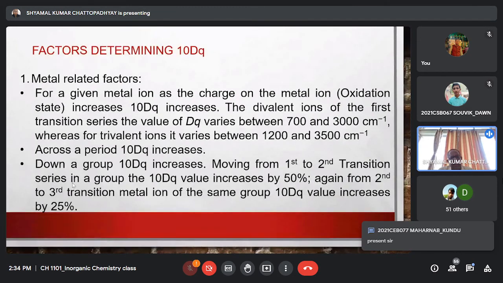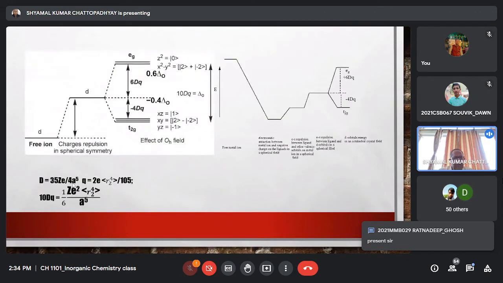And then down the group, the crystal field again increases, and in fact it increases at a much faster rate compared to across a period, because crystal field splitting is proportional to the fourth power of the d orbital radius.